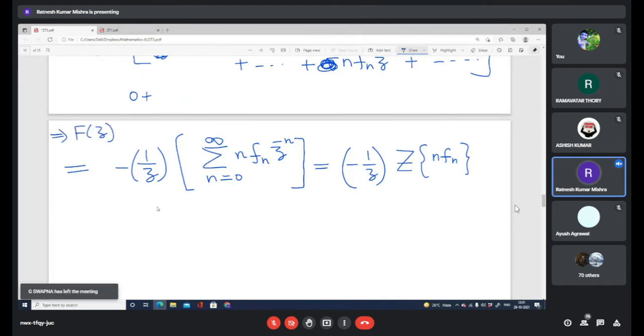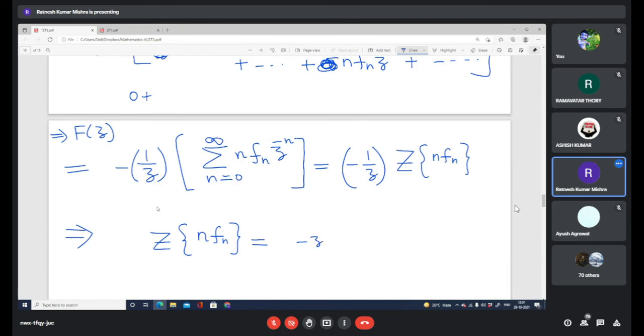F of z equal to this. So we write z transform of nFn. This one goes to the left side, so minus z... no, that is wrong.